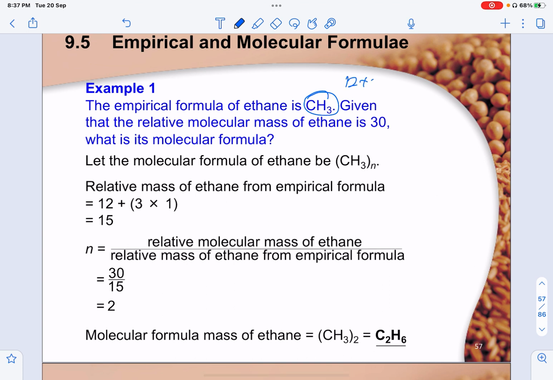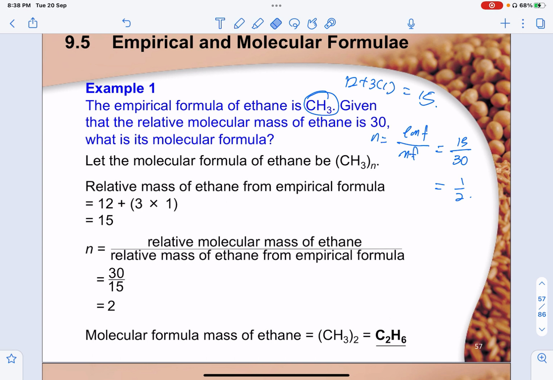In this case, it's 12 plus 3 times 1. The answer is 15. The Mr of the empirical formula and the molecular formula must give you n, the factor. So you just take 15 divided by 30, the relative mass. You will see that it's half.